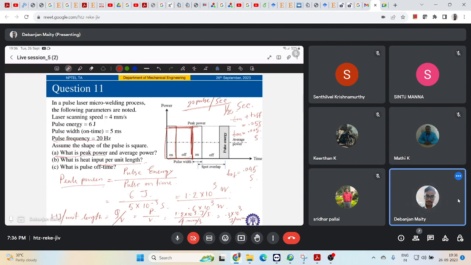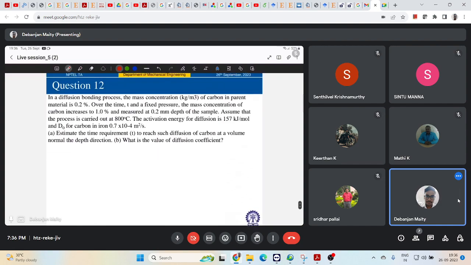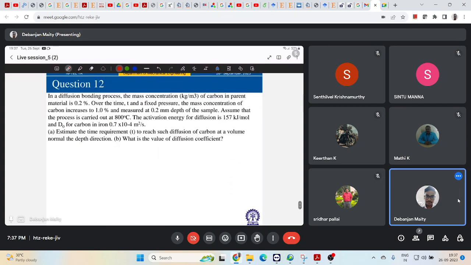Okay, let's move to the next question. It says in a diffusion bonding process, the mass concentration of carbon in the parent material is 0.2% over the time t and a fixed pressure. You were increasing your carbon percentage to 1%, which is measured at 0.2 mm depth of the sample, and you can assume the process is carried out at 800 degrees C. The activation energy is provided, D naught is provided.